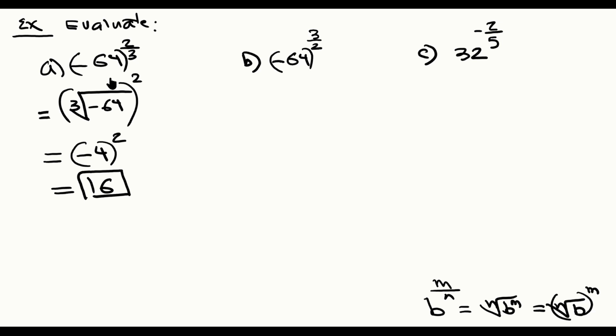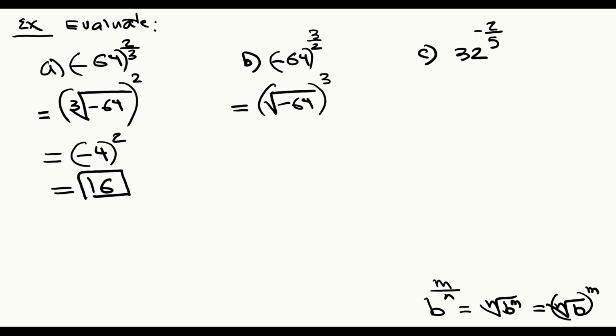Now, these two look kind of similar, don't they? But of course, this one is being raised to the power of 2/3, and this one is being raised to the power of 3/2. And you're going to find out that that makes a really big difference. Because here, once again, we're going to go ahead and get the square root of negative 64 to the power of 3.